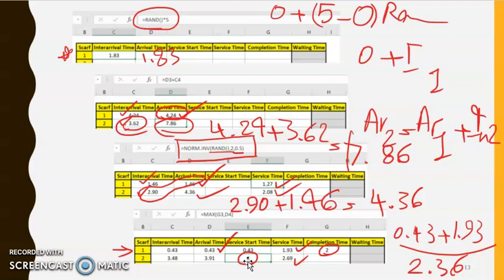But I have a question for you. What if when the second customer enters the system, there is no other customer over there? So you see, that's the point. When it is the first customer, it's easy.